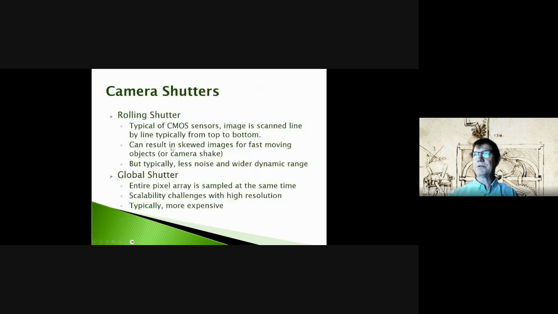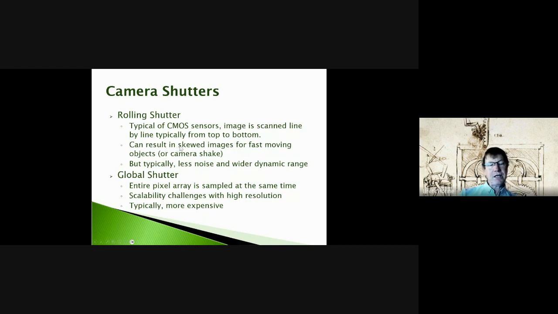So shutters are another thing you'll see if you're specifying a camera. You're going to see some with rolling shutter and some with global shutter. The rolling shutter is typical of CMOS, and the image is scanned line by line, maybe from top to bottom.